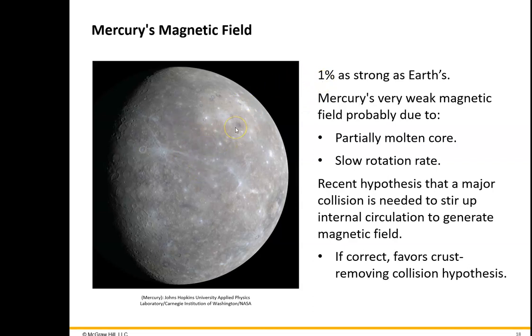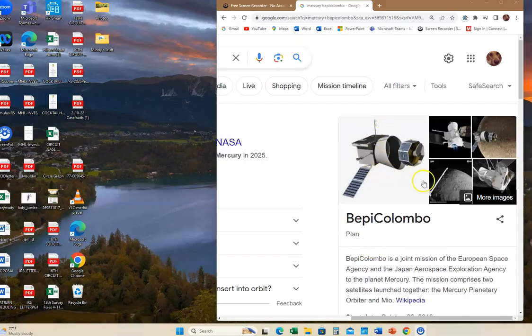There is another spacecraft that, if you're watching this in the year 2025 or later, is in orbit around Mercury. This is the mission right here. It's called Bepi Colombo. If you're watching this and it's already 2025, then it's already gotten there. Hopefully it got there safely and is in orbit around Mercury.